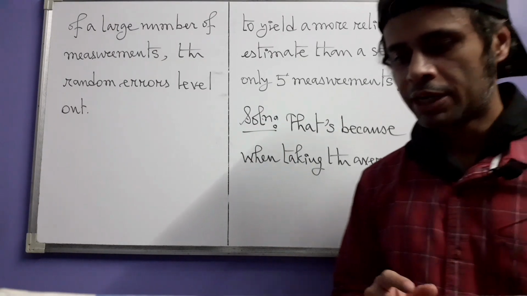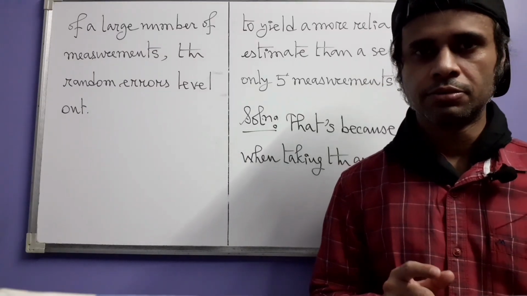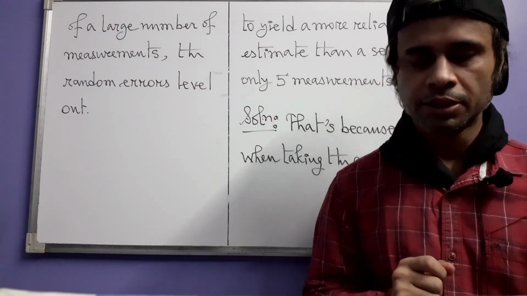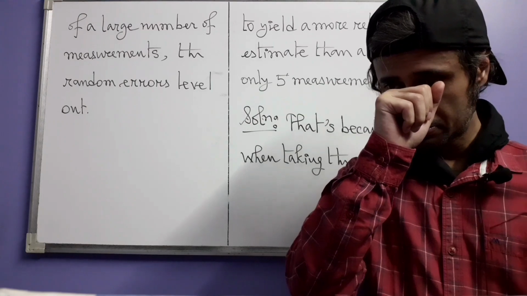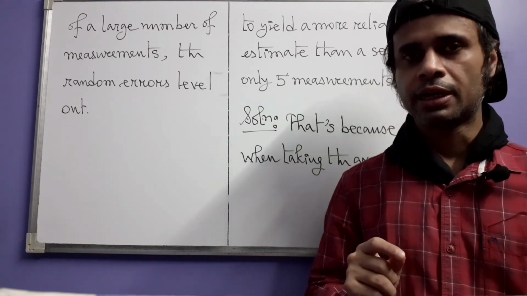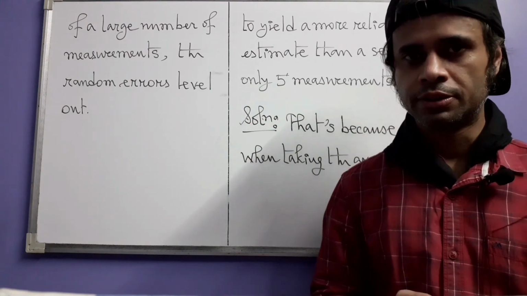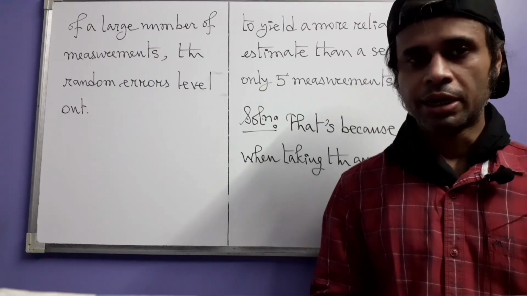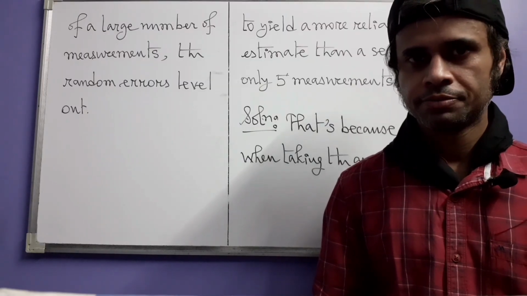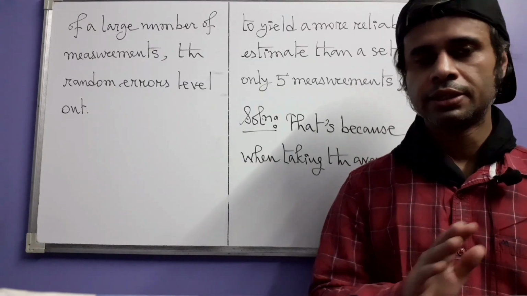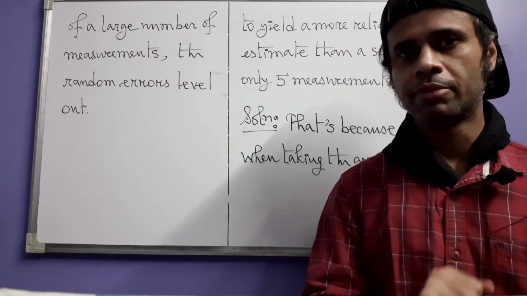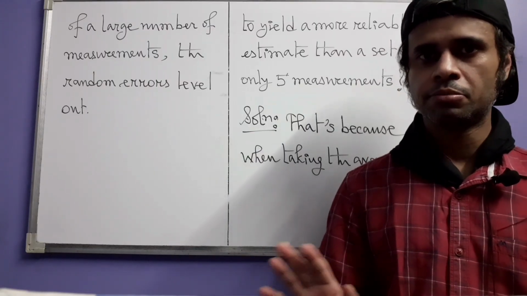Well, what do you do when you measure something? You do it with some kind of device, some equipment. Now, the equipment itself can contribute to error in measurement by being defective. So you first make sure that you get your equipment from a reputed manufacturer, so that there is no manufacturing defect.